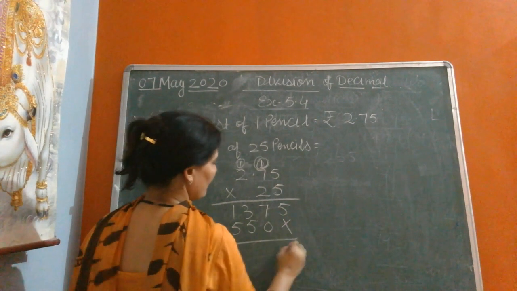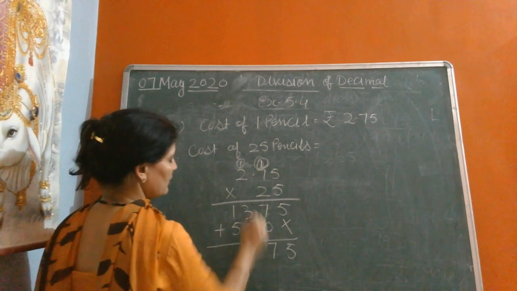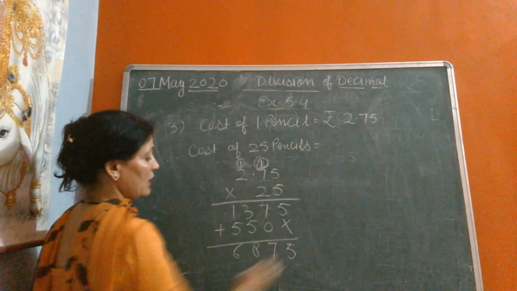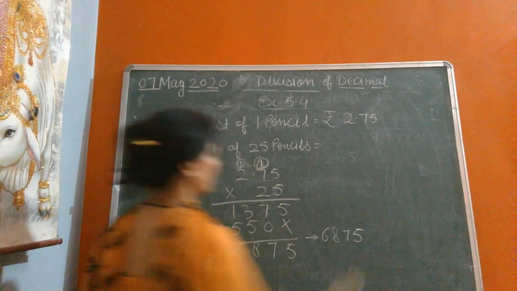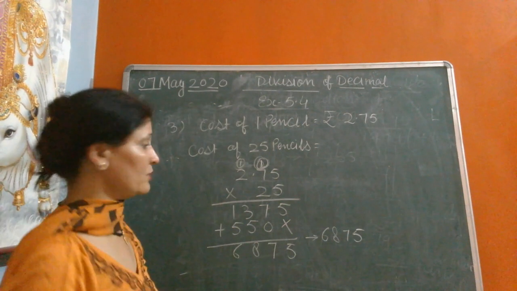Now add: 5, 7, 8, 6. The answer is 6875. So how to put the decimal?